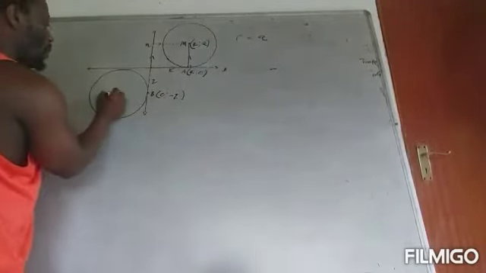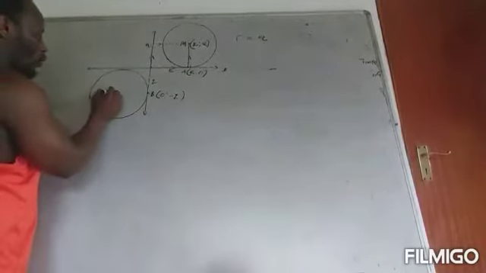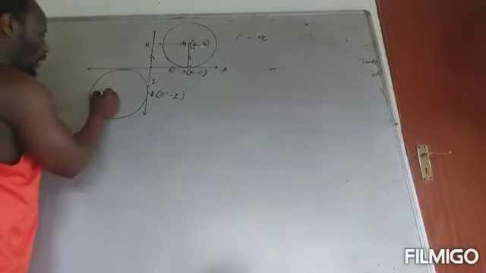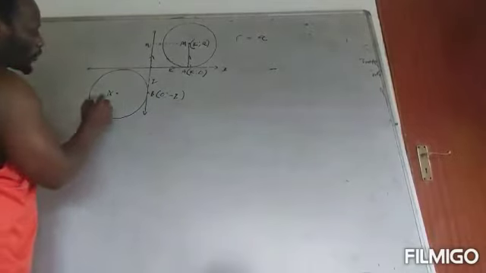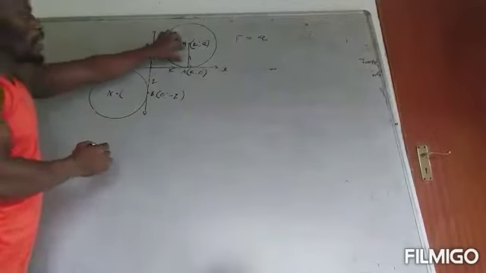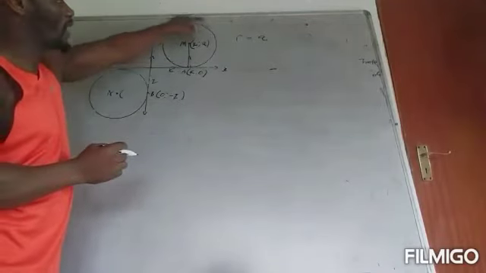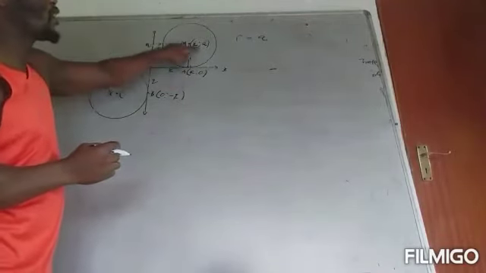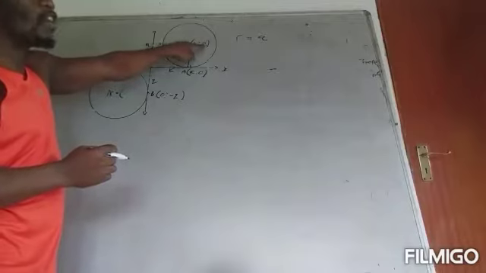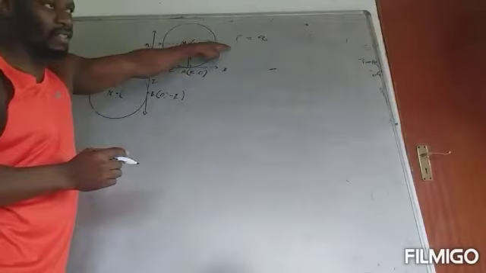And then what about the center of this circle? Let's say the center is n. We said that if the circle touches the x-axis, the y coordinate of the center is equal to the length of the radius.